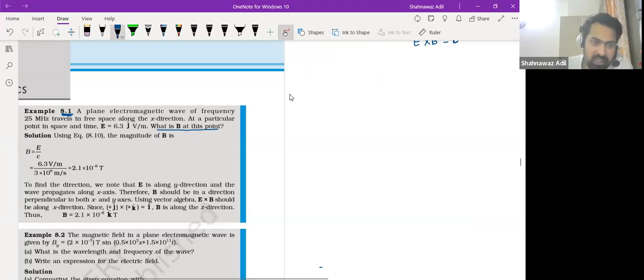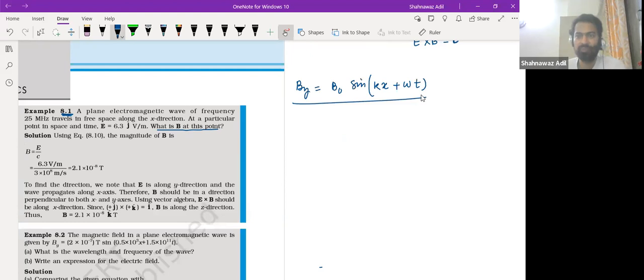So we have this magnetic field which is in the y direction, and this is B naught sine of kx plus omega t, right, guys? So we are given this B_y, and this is k and this is omega. This is the general form.